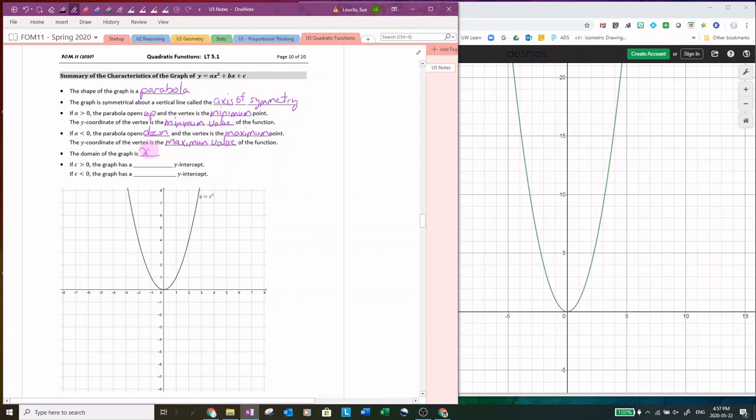The domain of the graph is x in R, so all real numbers. If C is greater than 0, the graph has a positive y-intercept, and that y-intercept is equal to C. And if C is less than 0, the graph has a negative y-intercept, which is equal to C.